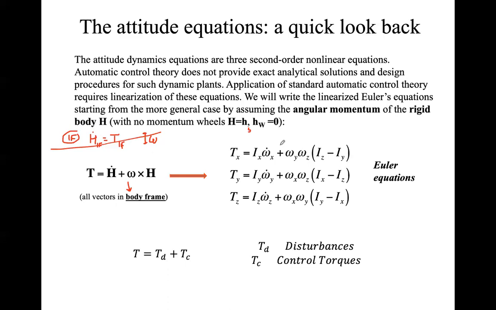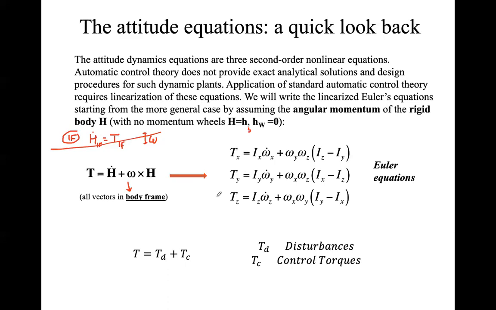And since our goal is to have the body frame X, Y, and Z close to the orbital reference frame, our goal is to express these equations with respect to the roll, pitch, and yaw angles.